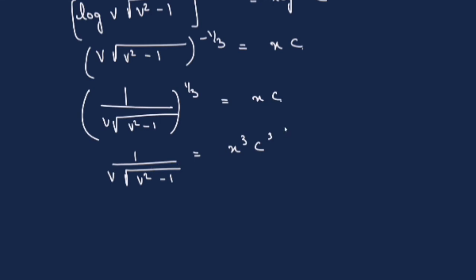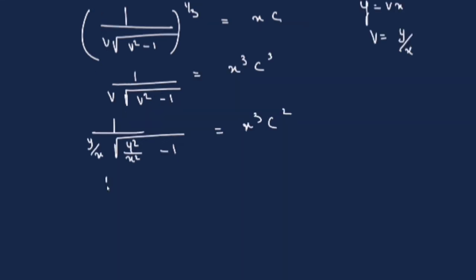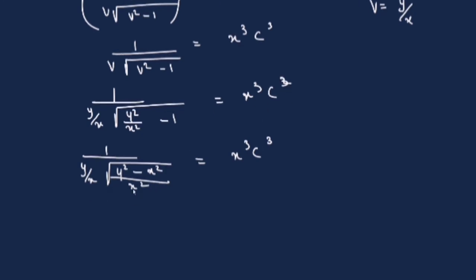Now you substitute for v, because you know y is vx, so v is y by x. So this will become 1 by y by x root of y square by x square minus 1 is x cube into c cube. Take the LCM: y square minus x square by x square. The root of x square will become x, and there is one x outside.